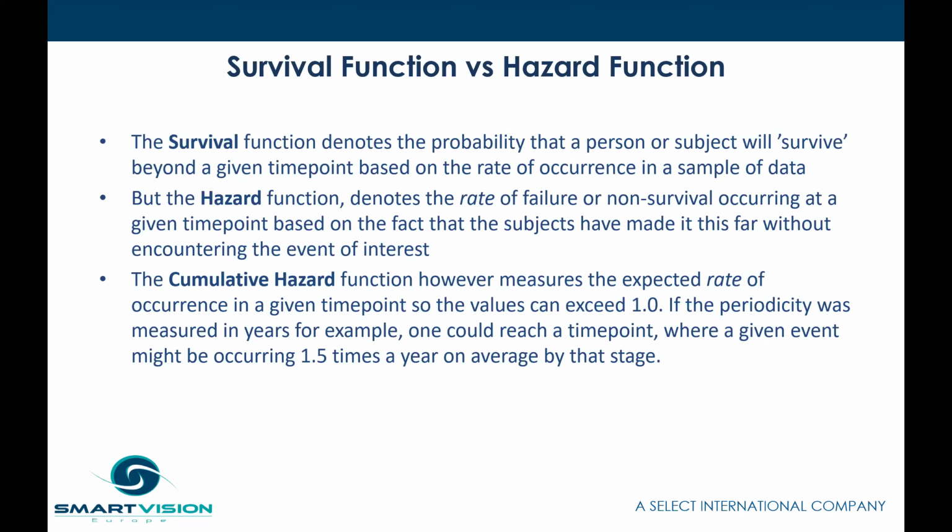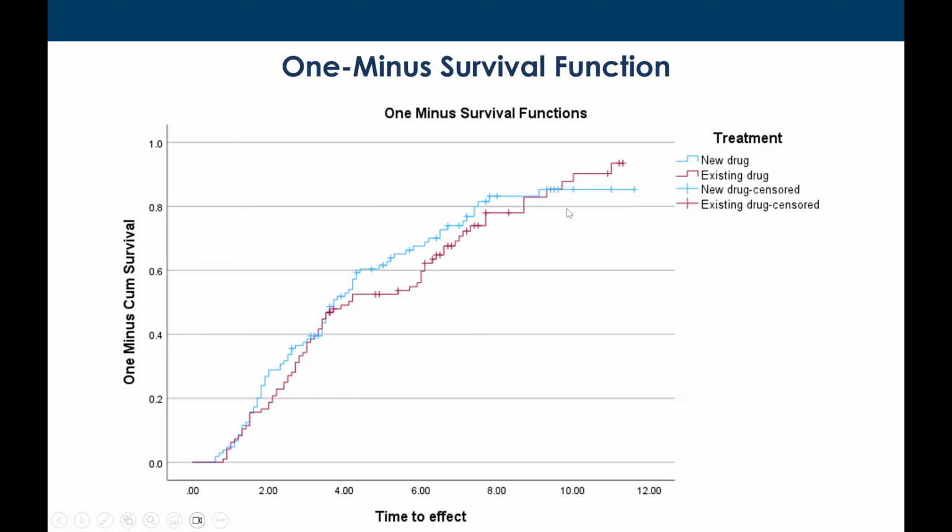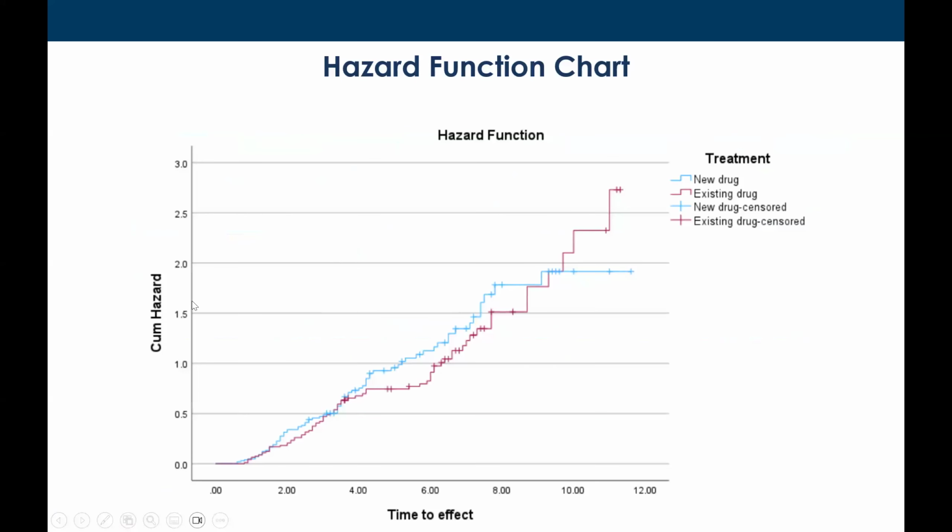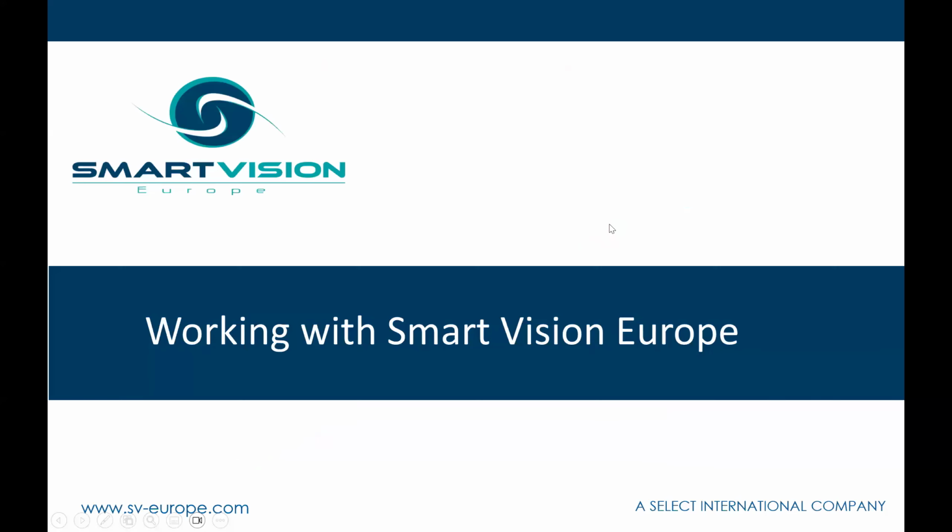So the cumulative hazard does look different from this 1- survival function because it's actually showing the rate at which it's occurring. By the time you kicked in at 8 hours, you'd be expecting it occurring 1.5 times once you've reached that point. That's the rate of occurrence. So the rate of occurrence is increasing as the hazard increases.